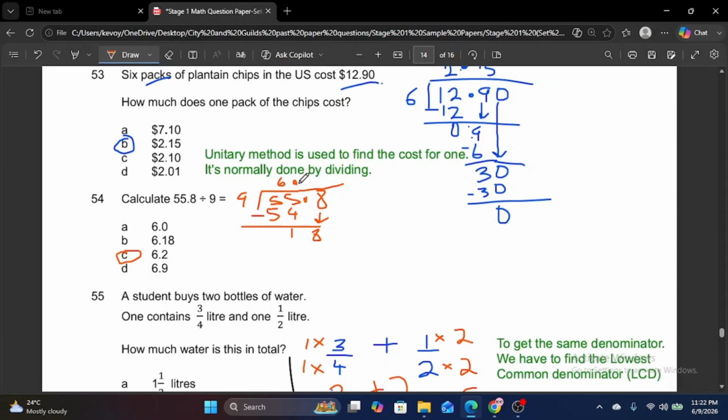Now that we have 18, we repeat the steps. 18 divided by 9 is 2. And 2 times 9 is 18. Subtract that, and you'll be left with 0. So 6.2 is the answer right here.